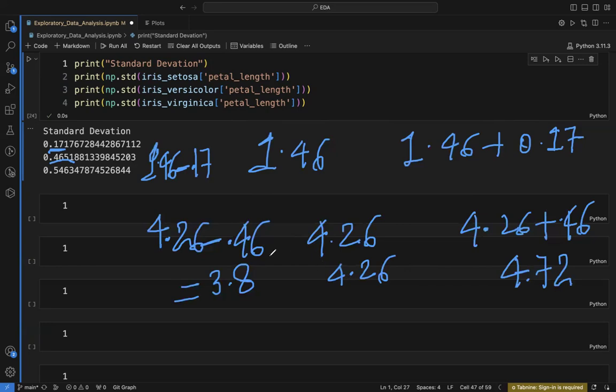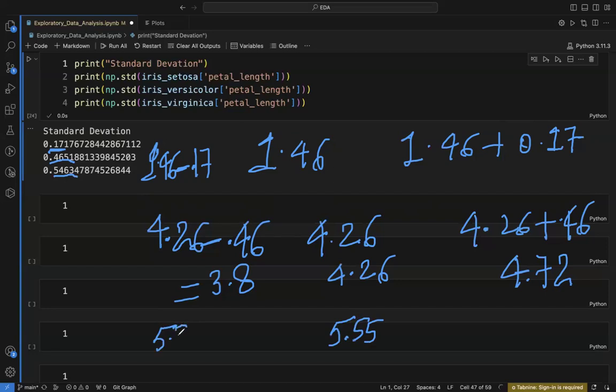Now, what about the third one, which is Virginica? It has a standard deviation of 0.54, which I can take as 0.55. I know 5.55 is the mean of this Virginica, and the standard deviation is 0.55.